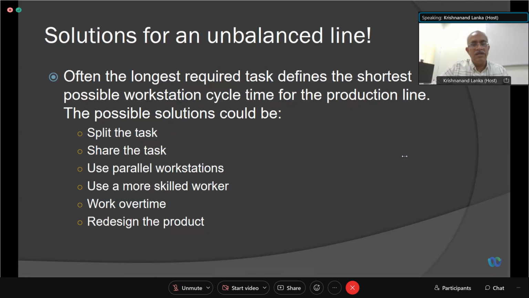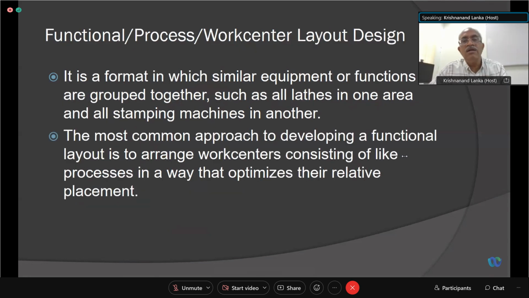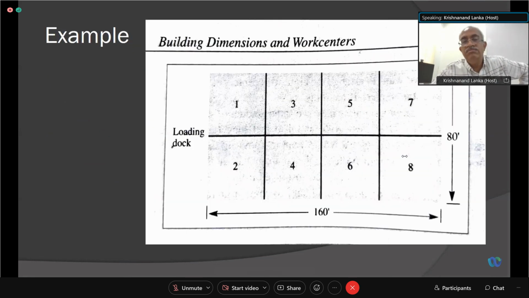But this is how you solve it. In the next class we will talk about functional or process work center layout design. That is nothing but your process layout.